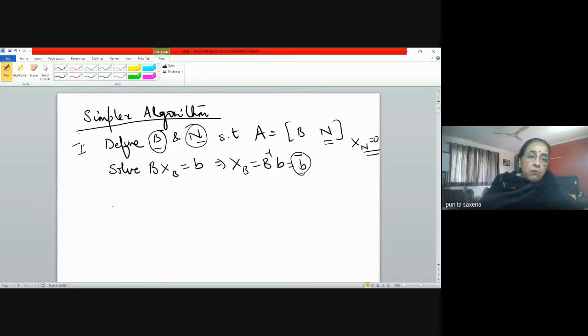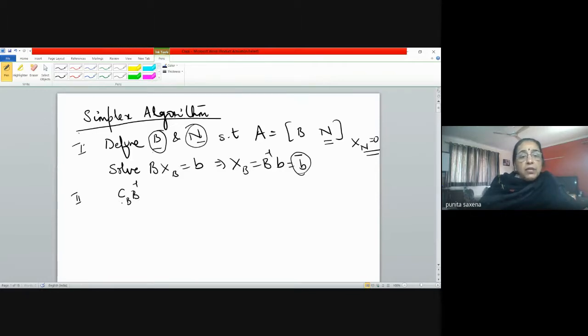Okay, now, as you must have seen, we are computing one term every time, cB B inverse, to compute further, right? So cB stands for what? Obviously your problem is still the same: minimization, z equal to cx subject to Ax equal to b, x more than or equal to 0.